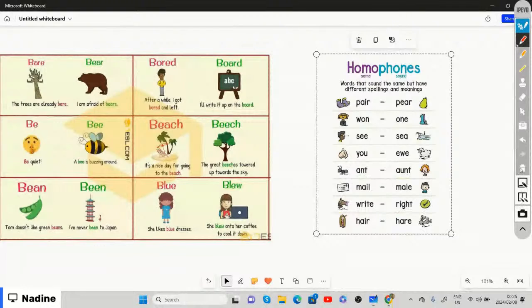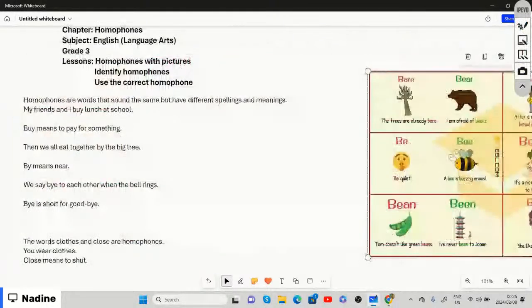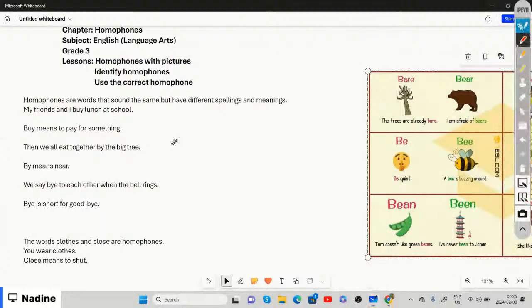And if we break down the word homophones, which is our chapter, it is like saying sound as well as same, right?